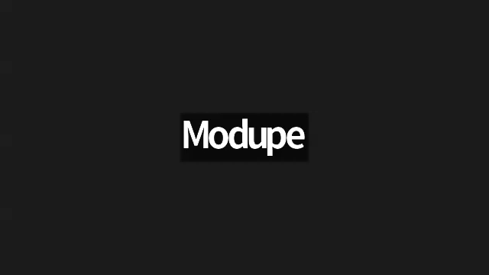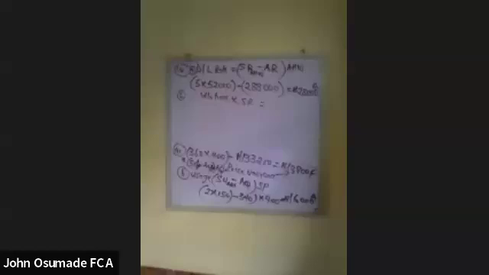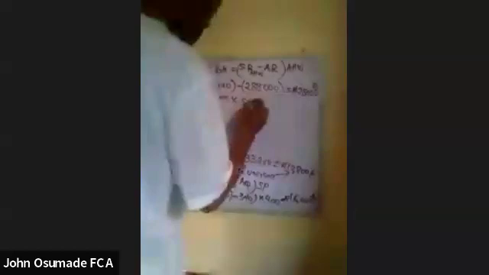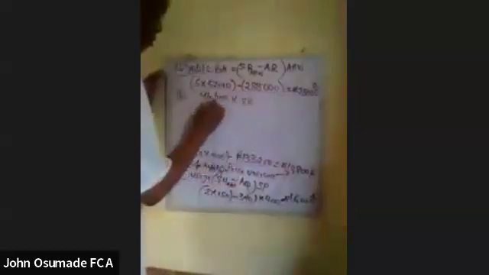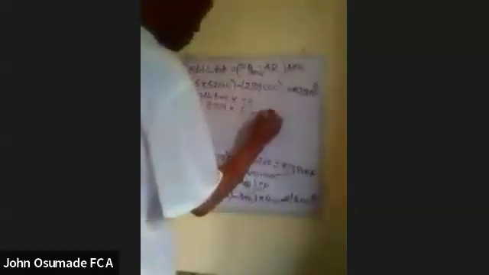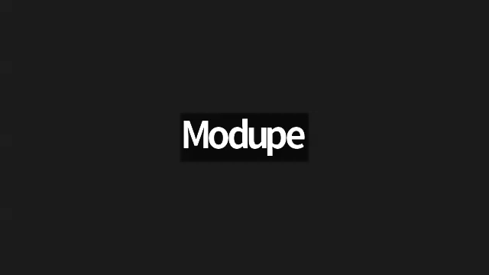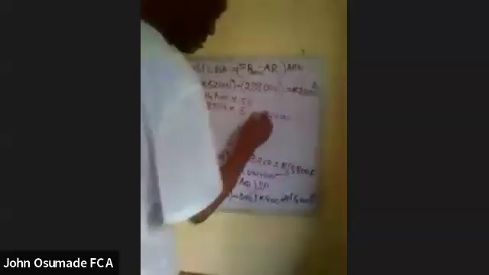So it will be 8,000 times the standard rate, which is 5. That is simple and straightforward: 8,000 times 5 is 40,000.